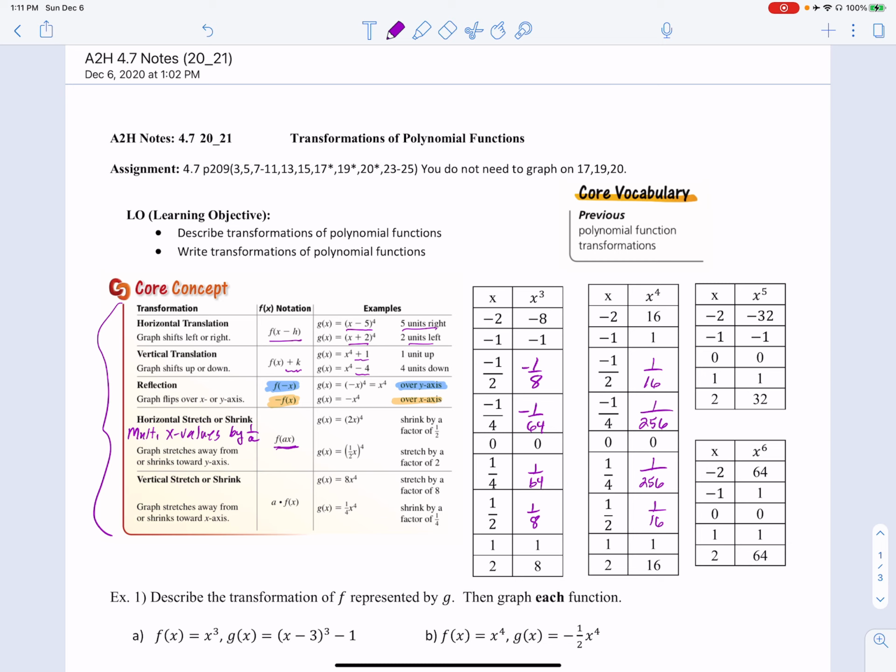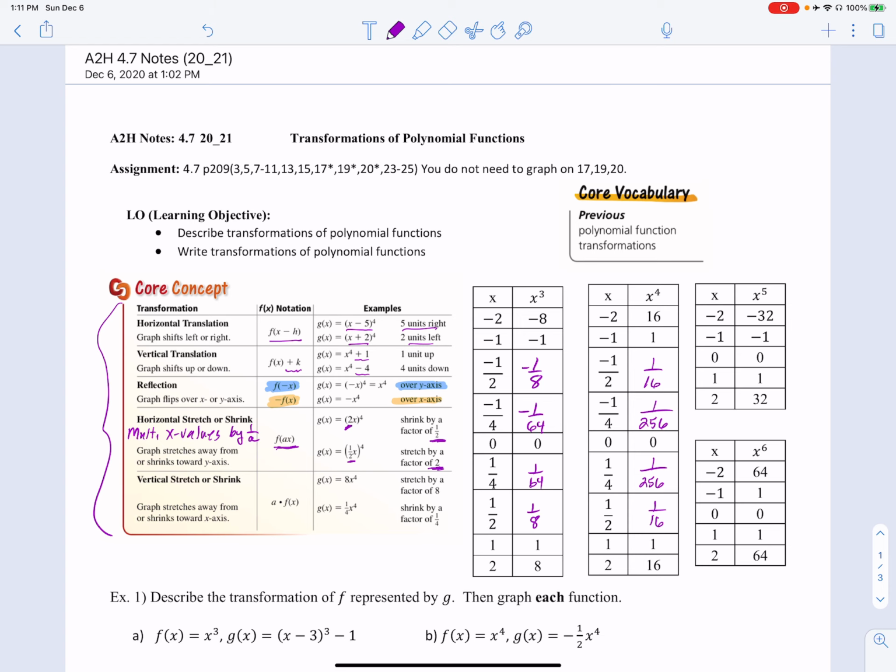So notice that when it's a 2 here, you have a horizontal shrink by a factor of 1/2, and you would multiply all the x values by 1/2. Versus if it's a 1/2 x on the inside, you end up multiplying all the x values by 2. And it actually moves away from the y-axis.